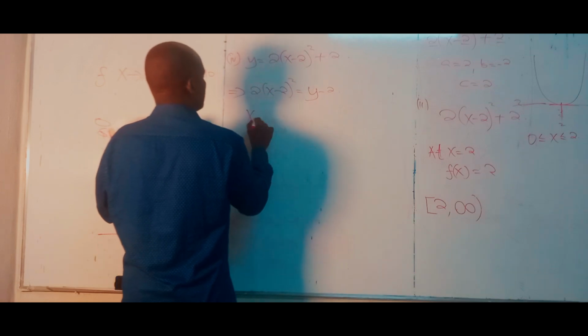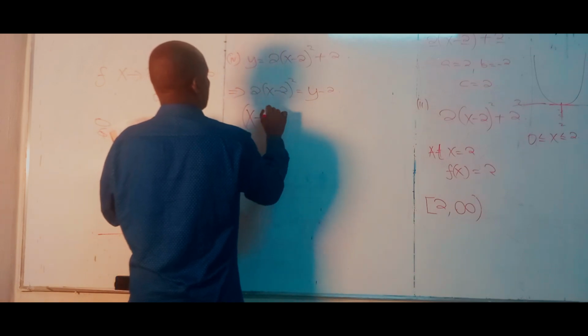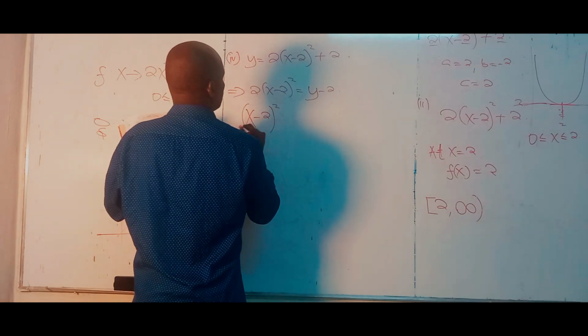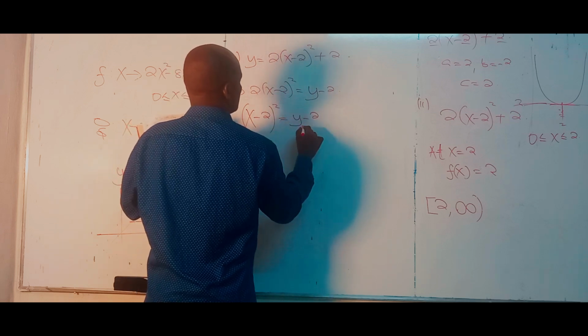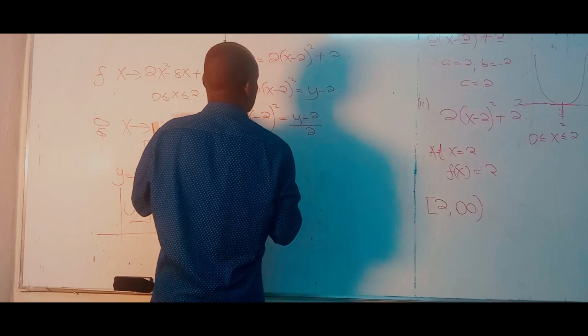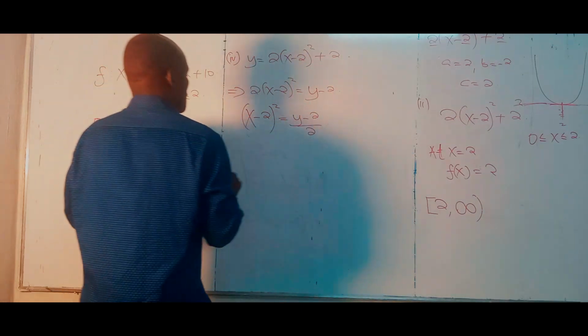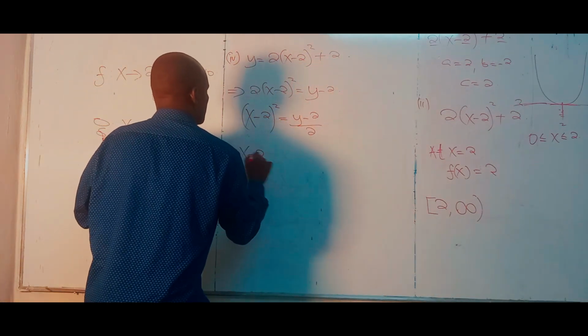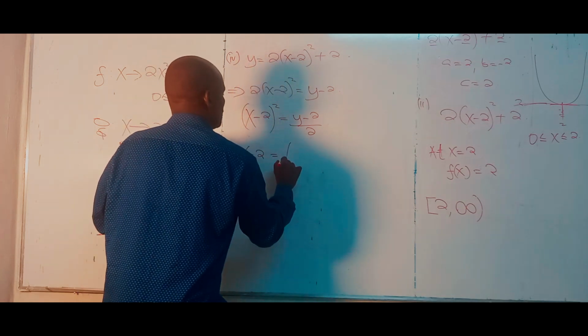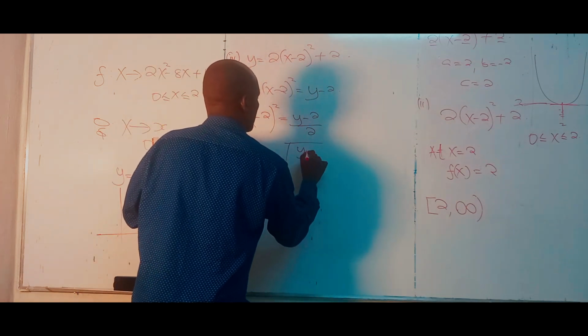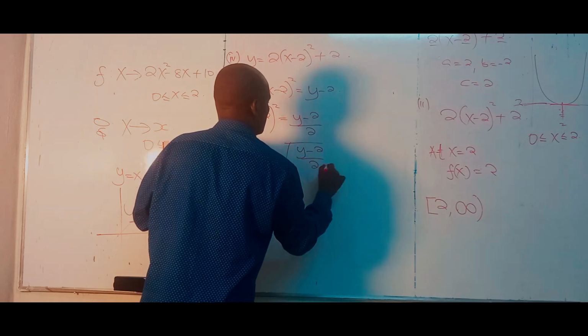So (x minus 2) squared is equal to (y minus 2) over 2. x minus 2 is then the square root of (y minus 2) over 2.